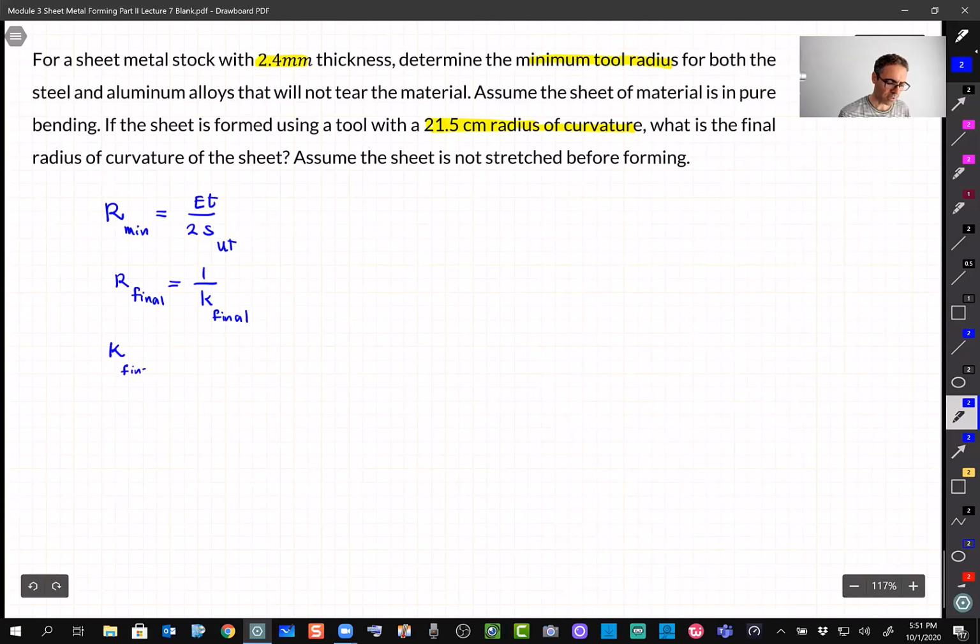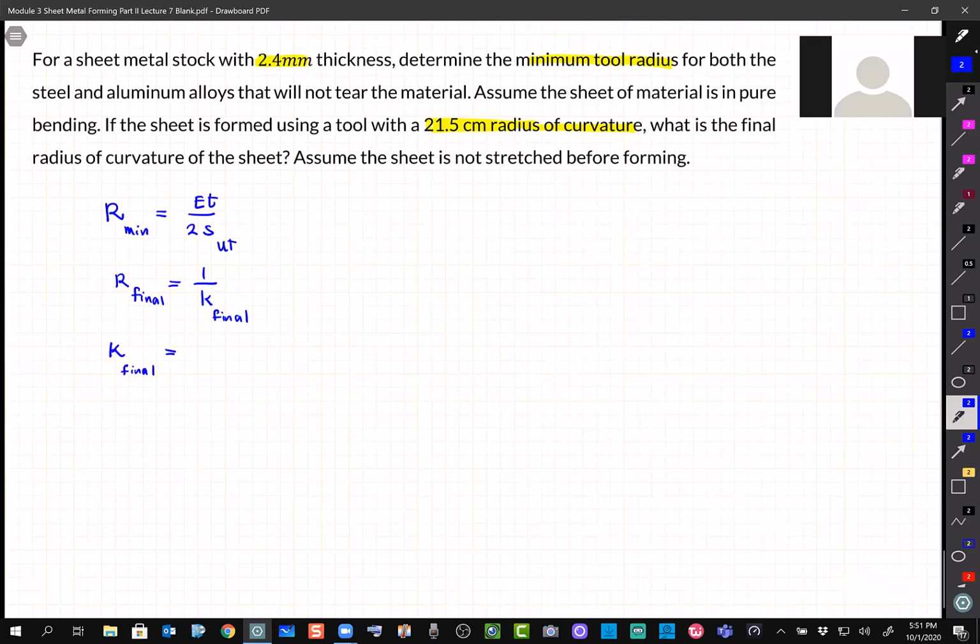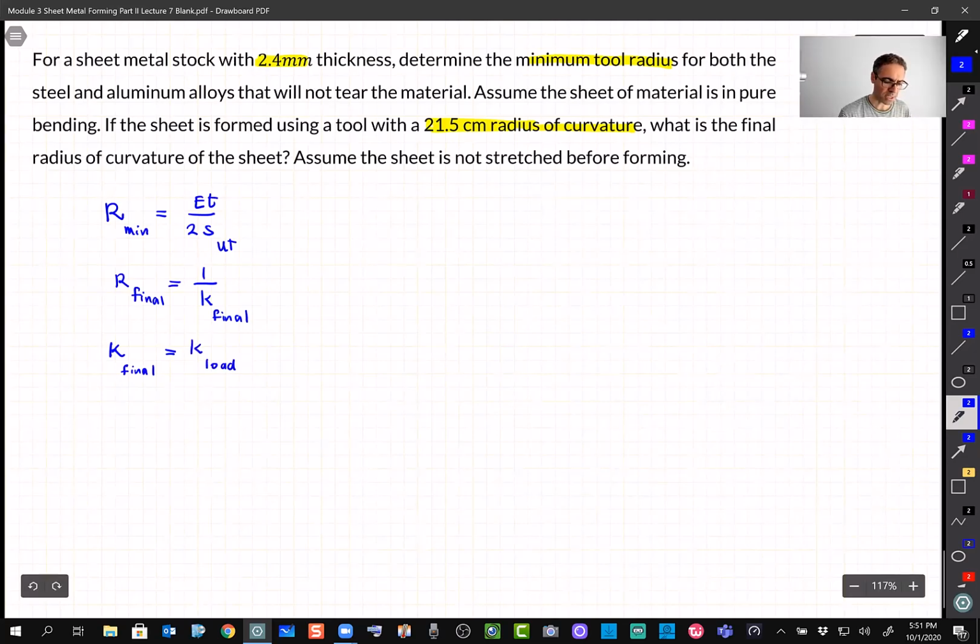K final is equal to the K load that we want to have minus delta K, where delta K is the spring back. And K load is 1 over 250 millimeters, right? That's the radius of curvature of the die that we have. So this is all the information that I have. Now I need to calculate delta K.